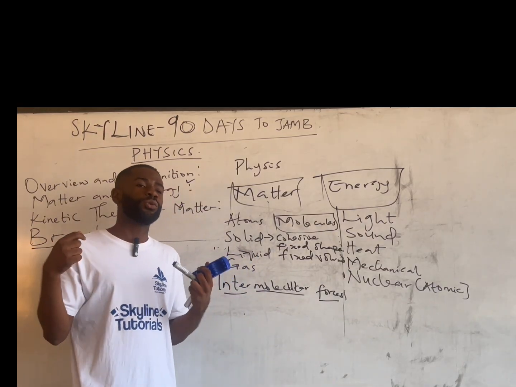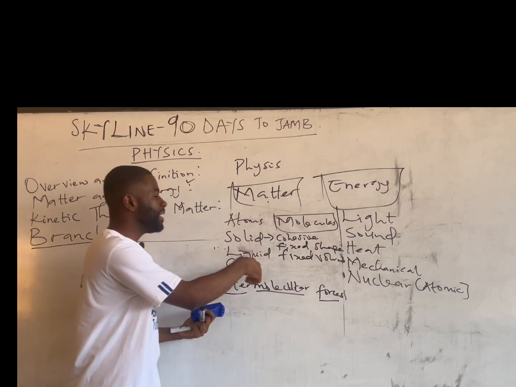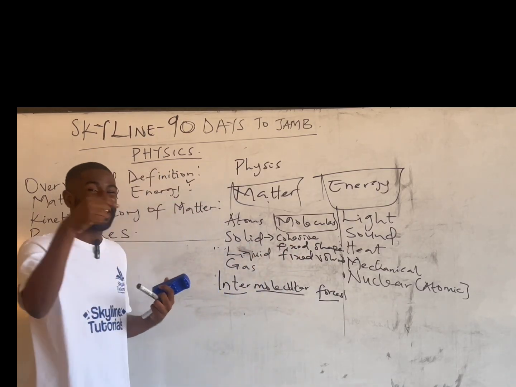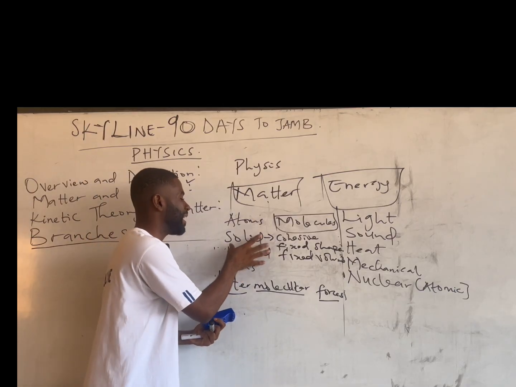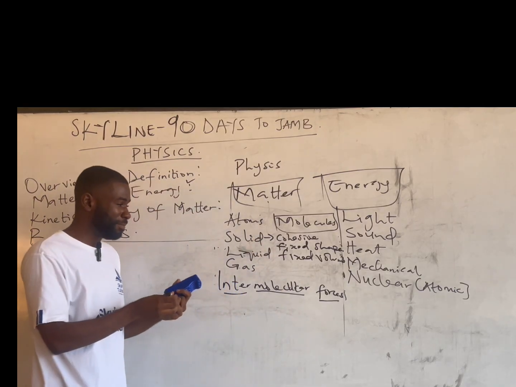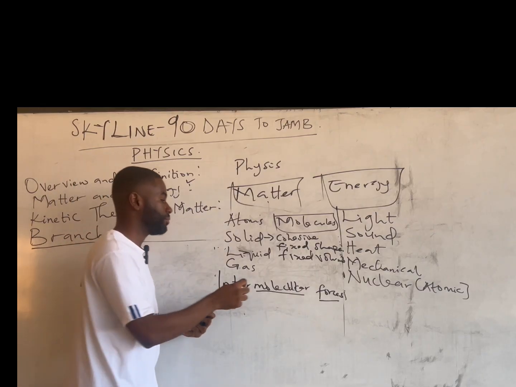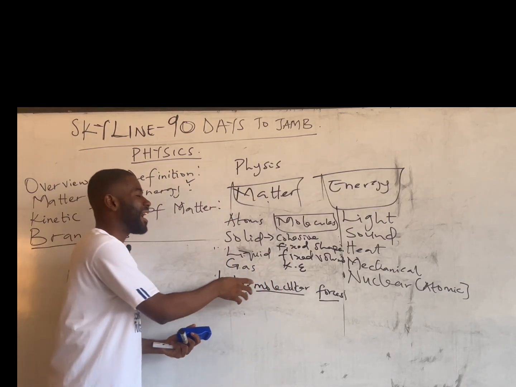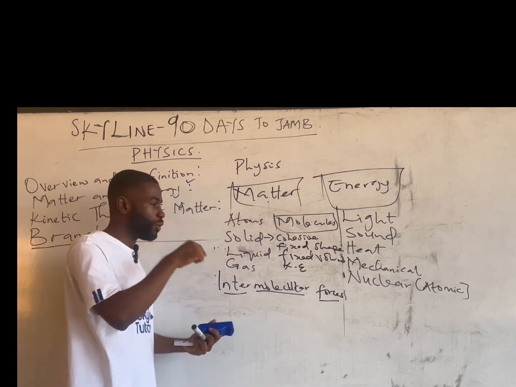We can also deduce from these intermolecular forces the kind of energy that this exhibits. All of these states of matter exhibit kinetic energy, but the kinetic energy that they exhibit varies across the different states of matter.